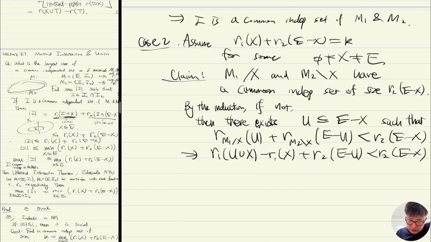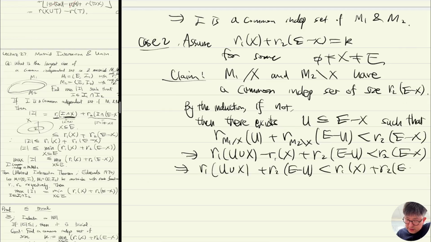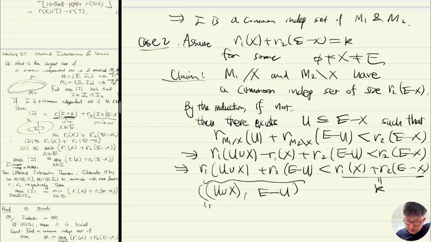So this means R1 of U union X plus R2 of E minus U is less than R1 of X plus R2 of E minus X. Now, this is equal to K. What is that? That's also a partition of E. So that's a contradiction.